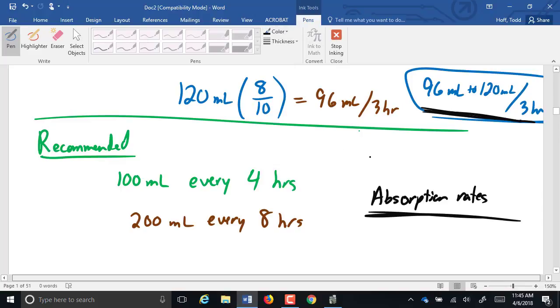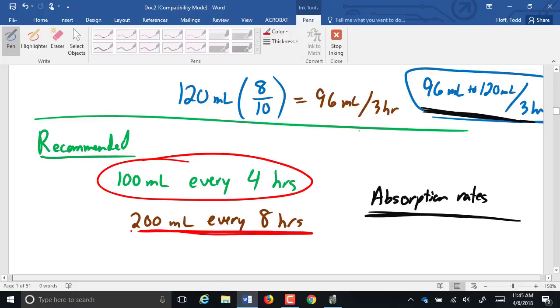If this is a fast absorbing medication, that smaller dosage at regular periods is usually more recommended. That higher dosage, spread out more, is oftentimes fast absorbing. That higher amount absorbs into the bloodstream too fast and it's more than the body can handle, so it can be damaging.